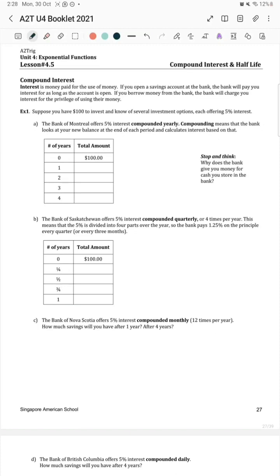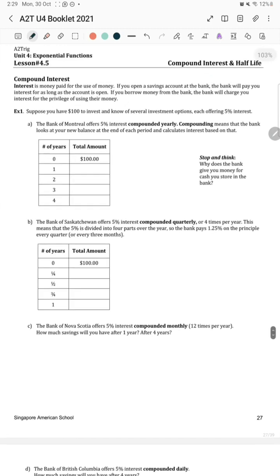Okay, so compound interest. Interest is money paid for the use of money. If you open a savings account, the bank will pay you interest for as long as the account is open. If you borrow money, the bank will charge you interest for the privilege of using their money. So we are going to do some questions on compound interest and half-life, and basically exponential functions are going to be used here.